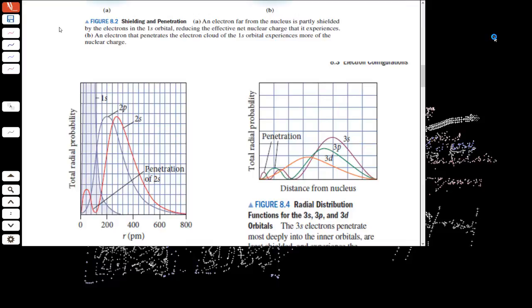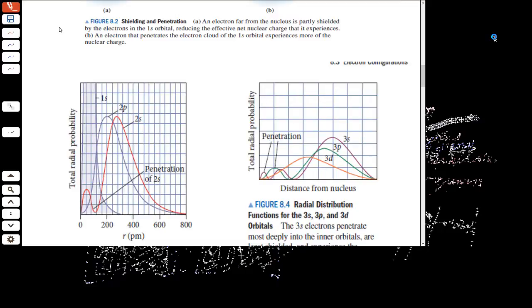Okay, so the graph on the left shows the radial probability, which remember is slightly different from the actual probability distribution, because we know that the electrons can't actually be in the nucleus. So you see the 1s orbital is in purple, and its radial probability is very close to the nucleus. That's in picometers. So its maximum radial probability is right by the nucleus.